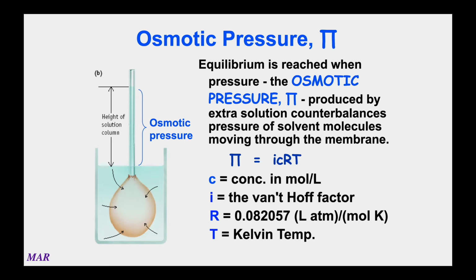It's the same R we used in PV equals nRT. That R is also used in osmotic pressure. And finally, T is the Kelvin temperature. So you can actually calculate the osmotic pressure. It's going to be in atmospheres if you use this equation. And that osmotic pressure has a lot of interesting things you can do with it.